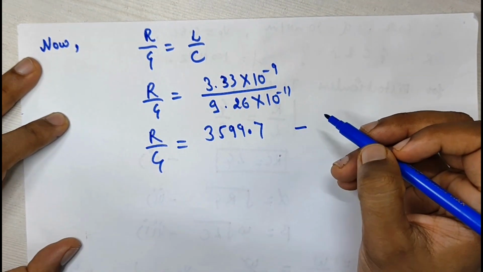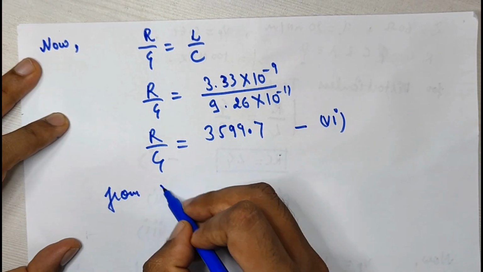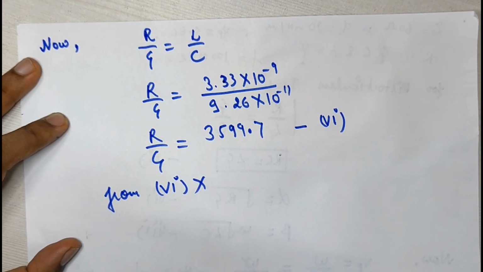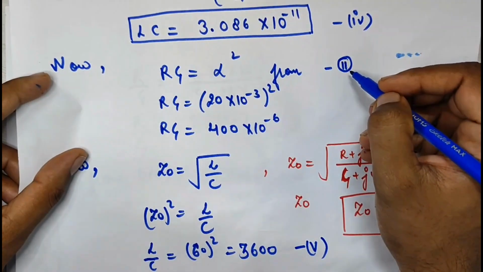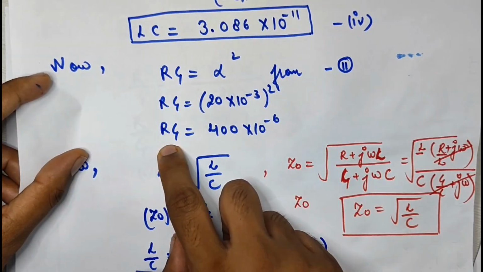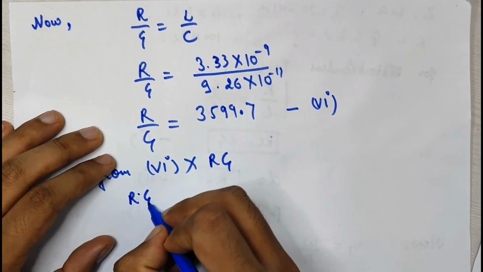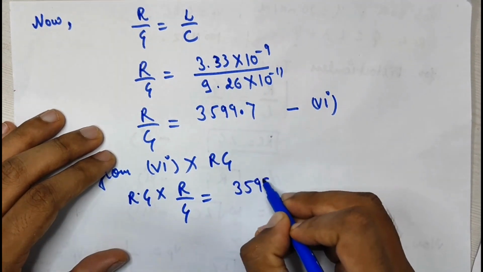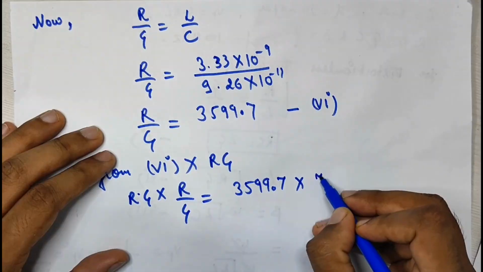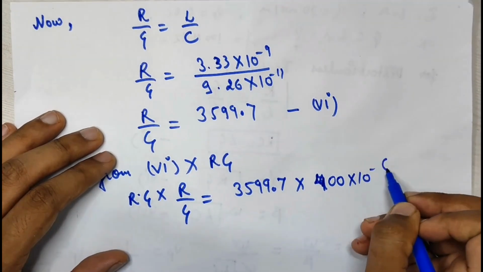We can call this the sixth equation. Multiplying the sixth with RG, RG into R by G is 3599.7 into 400 into 10 to the power minus 6.